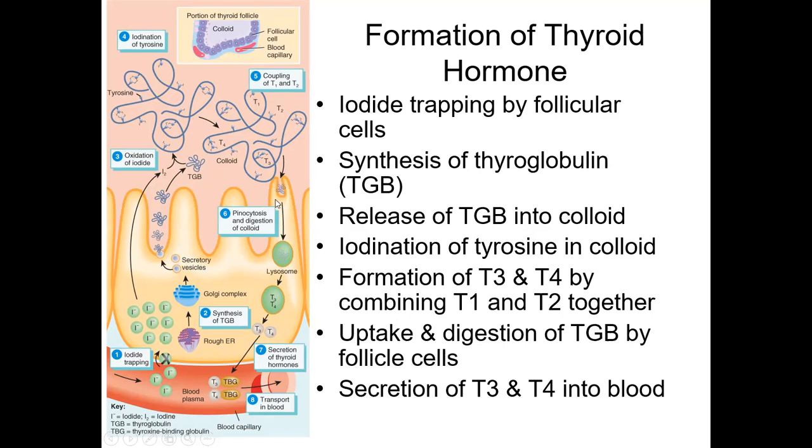This molecule is taken up by the follicular cells and chopped up into small pieces, and those small pieces will be T3 and T4, depending on whether they had 3 iodine or 4 iodine attached to this small snippet of protein. And then, of course, secretion into the blood happens. Follicular cells are part of an endocrine gland, so the secretion will go into the bloodstream.